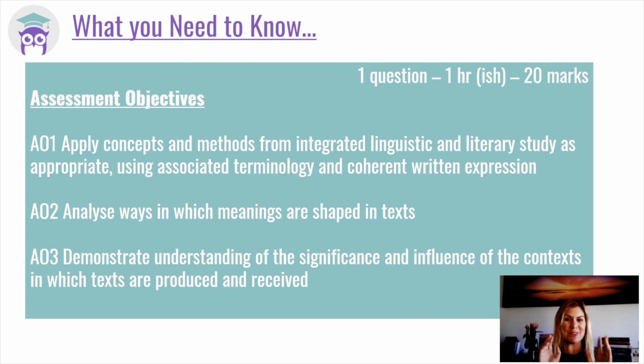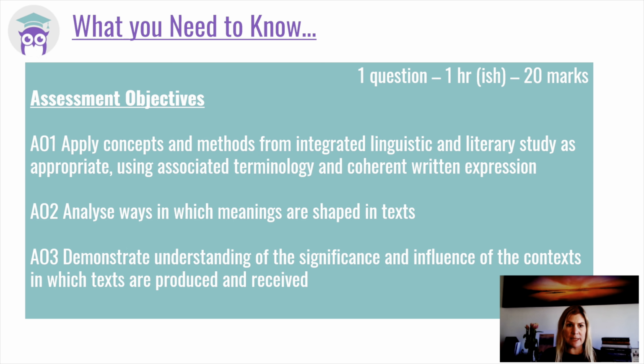Some people say still split it so you've got time for annotations, but I'm not sure if that's the right call because I think the comparison question is so big. So I've said an hour-ish, maybe an hour and 10 minutes planning, 1 hour writing, which means that you've got a good hour and 20 minutes for the second part of the paper.